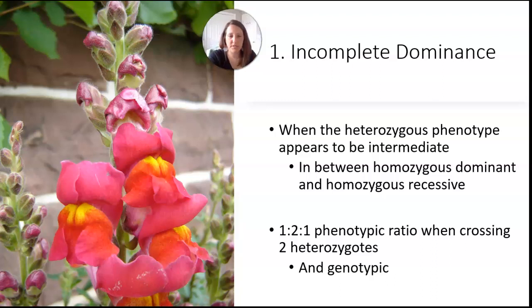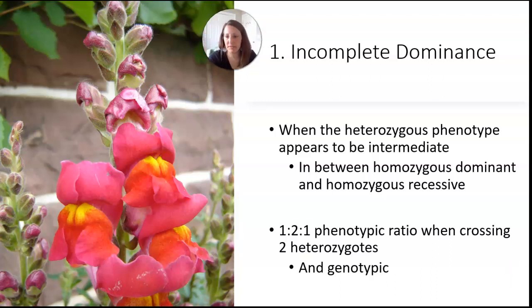And so this phenotypic ratio of 1 to 2 to 1 is going to be really important here. So if incomplete dominance is at play, and we have a cross between two heterozygote organisms, we will end up with a 1 to 2 to 1 phenotypic ratio, as well as genotypic ratio.